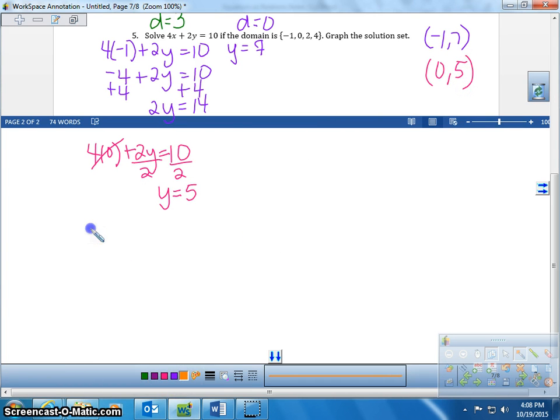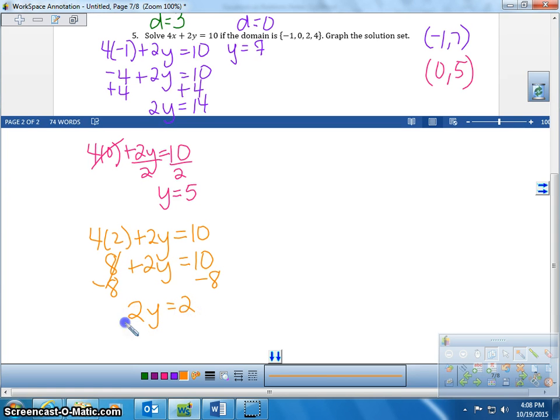Plug in 2. 4 times 2 plus 2y is equal to 10. 4 times 2 is 8 plus 2y is equal to 10. I'm going to subtract the 8 to both sides. You get 2y is equal to 2. And lastly, you're going to divide by 2, so y is equal to 1. My third ordered pair is 2, 1.